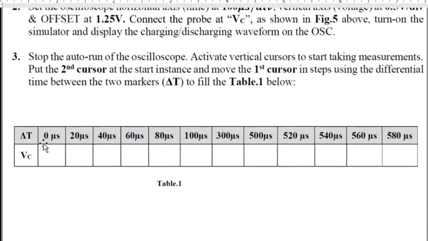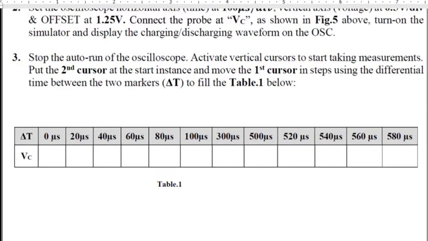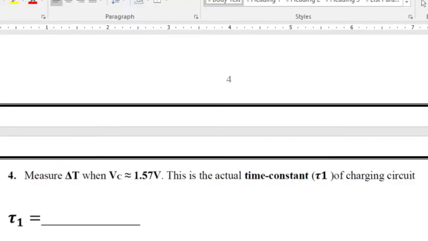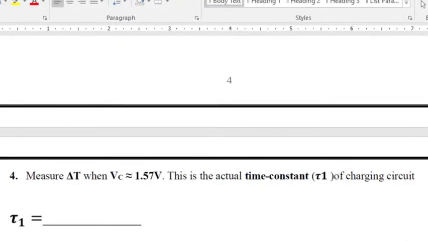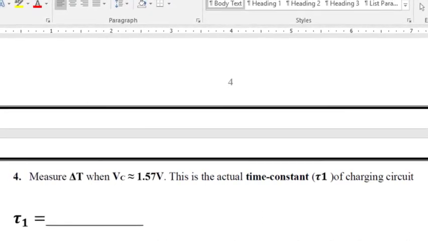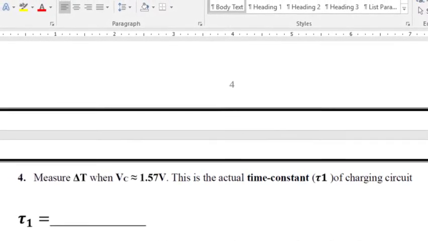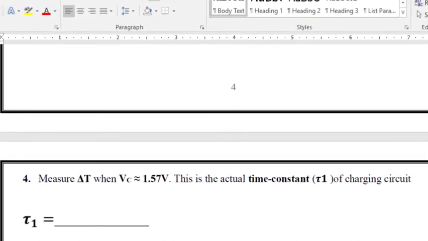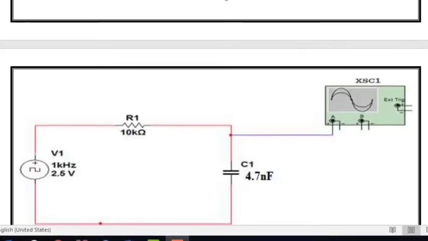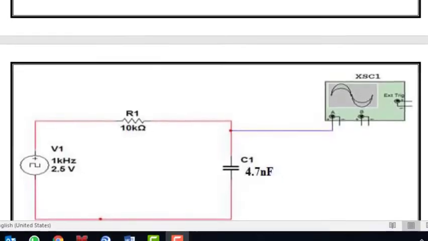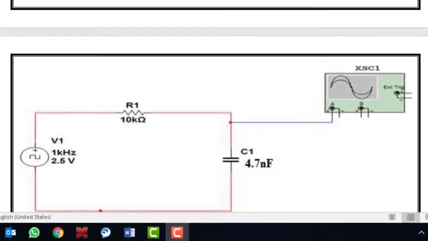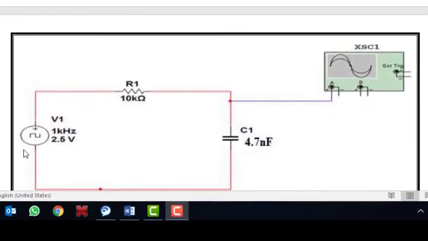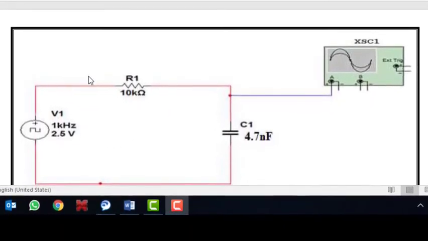In our case, the first time constant should be equal to 1.57 volt, because tau for our circuit is 47 microseconds, and the total voltage applied across the circuit is equal to 2.5 volt. Please watch me design this RC circuit using 10 kilo ohm and 4.7 nanofarad, applying 1 kilohertz, 2.5 volt across the circuit.